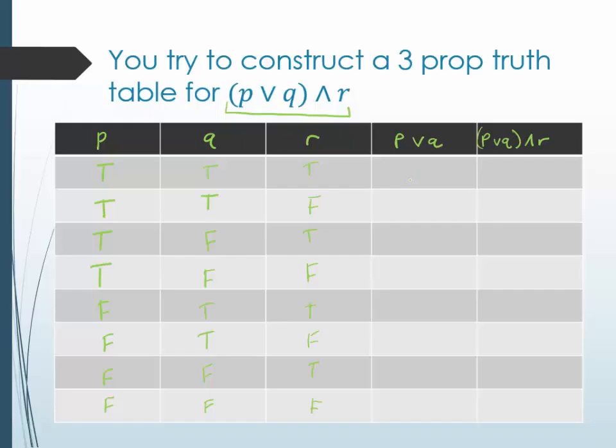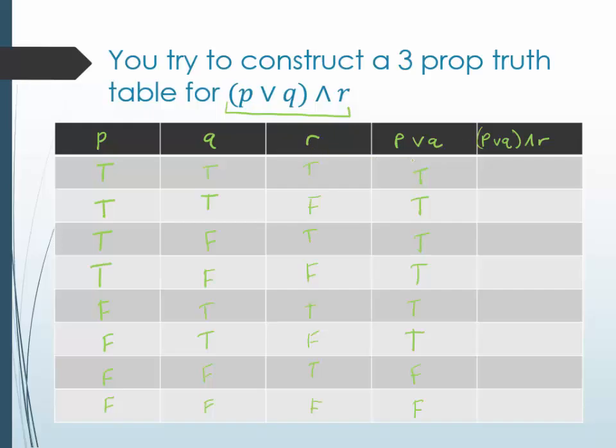No, I lied. This is P or Q. So it's actually true, true, I looked at R, not Q. True, true, true, true, false, false. I looked at R for the top too.